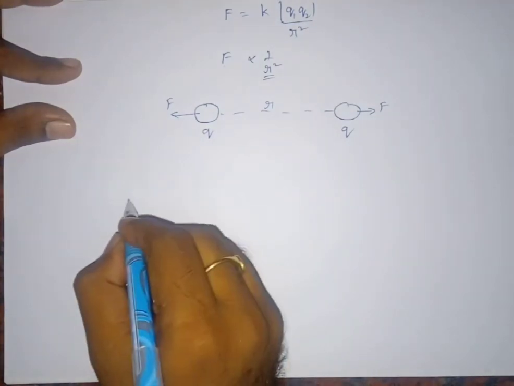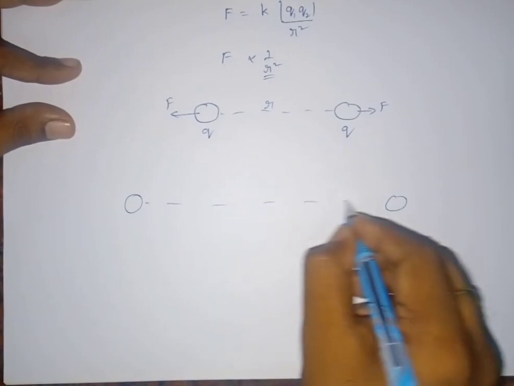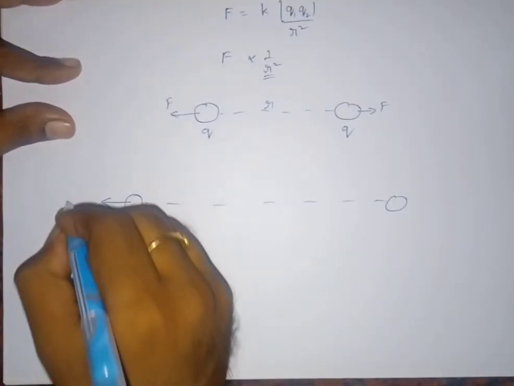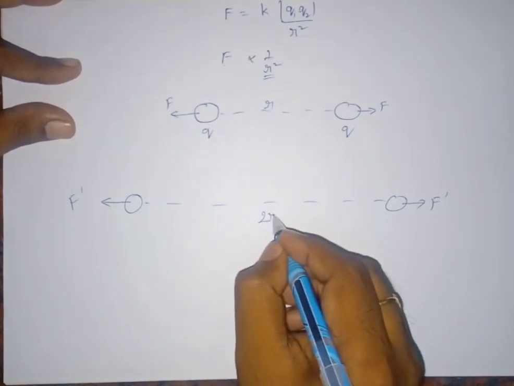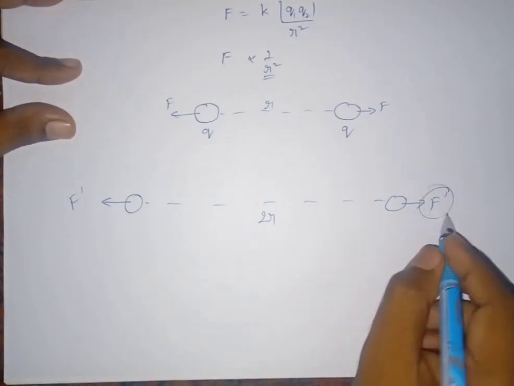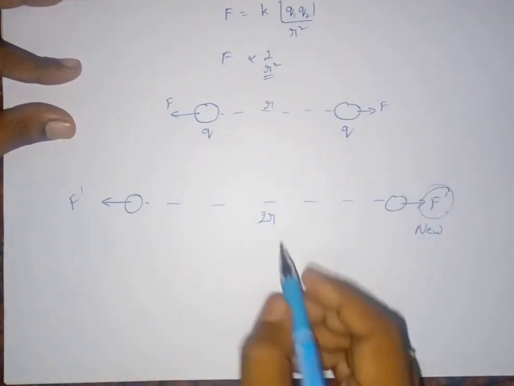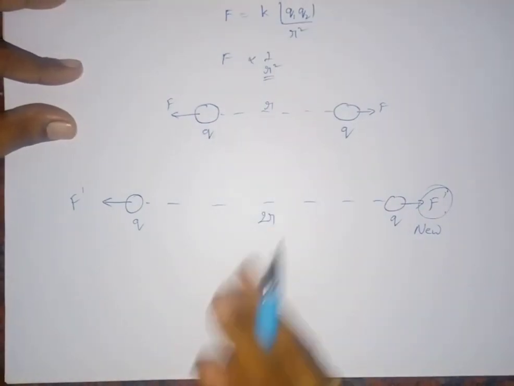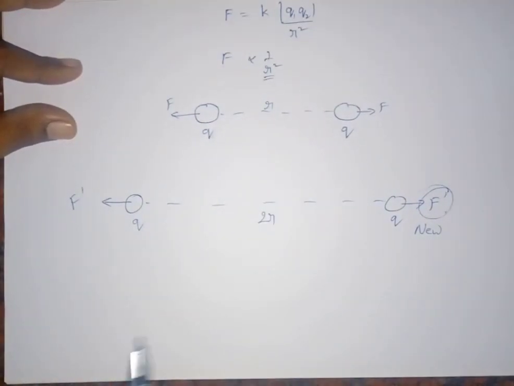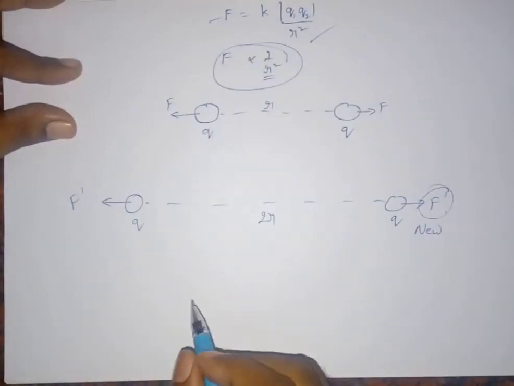Now the distance of separation between them is doubled. So they experience a new force, F dash. The distance is 2r. What is the relation between the new force and the previous force? Here the charges happen to be the same and the medium is not changed. Only the distance got doubled, and hence we can take force is inversely proportional to r square.